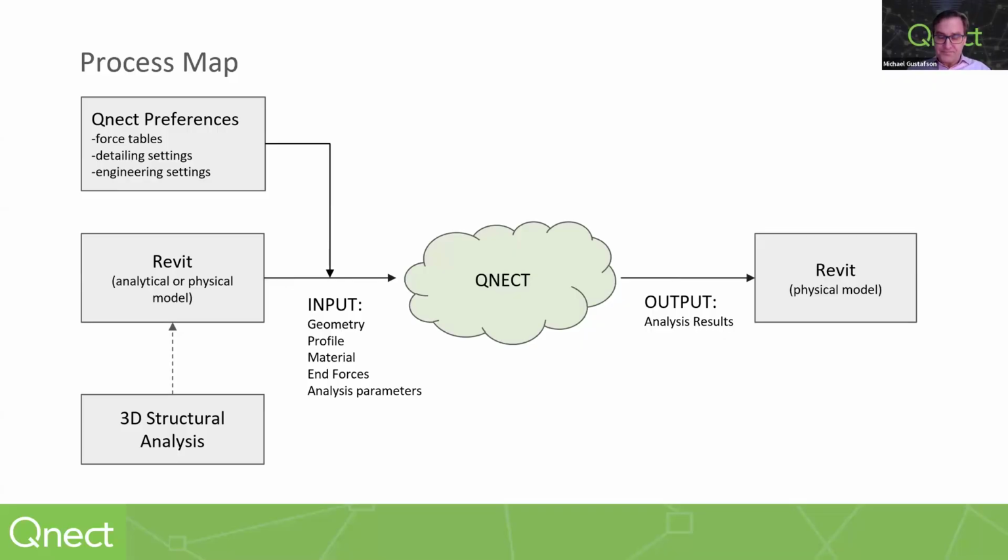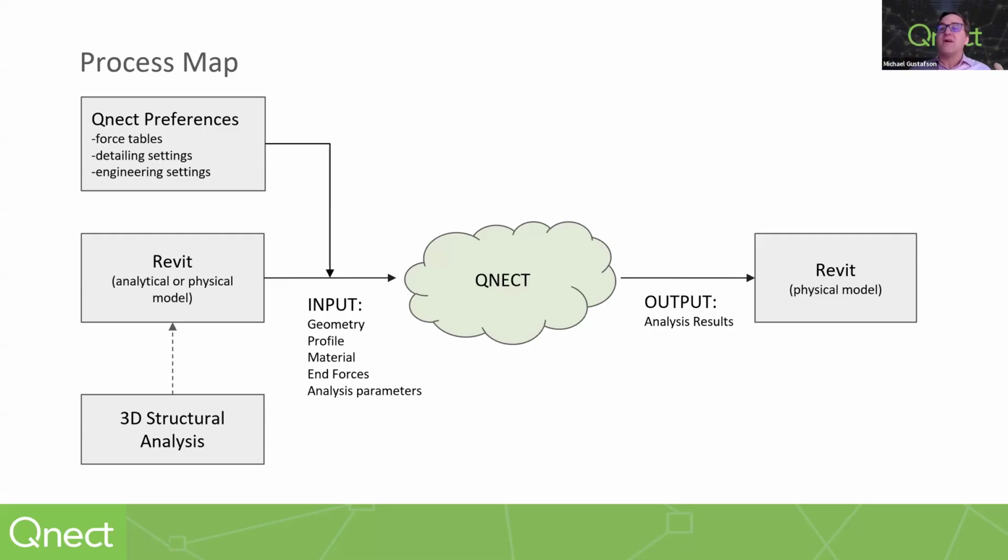So the workflow as an engineer is, using Revit, you have your Revit models for delivering, you have the 3D model with the documentation, and we're reading the framing information: the geometry, the material profiles, and the end forces too, if you have them in the model.